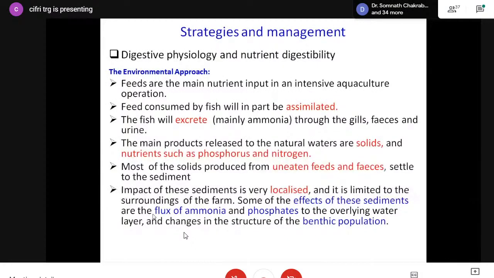In the excretory products there are two components, one solid and another liquid, and both these components contain phosphorus and nitrogen. And probably we have understood the importance of the role of nitrogen.